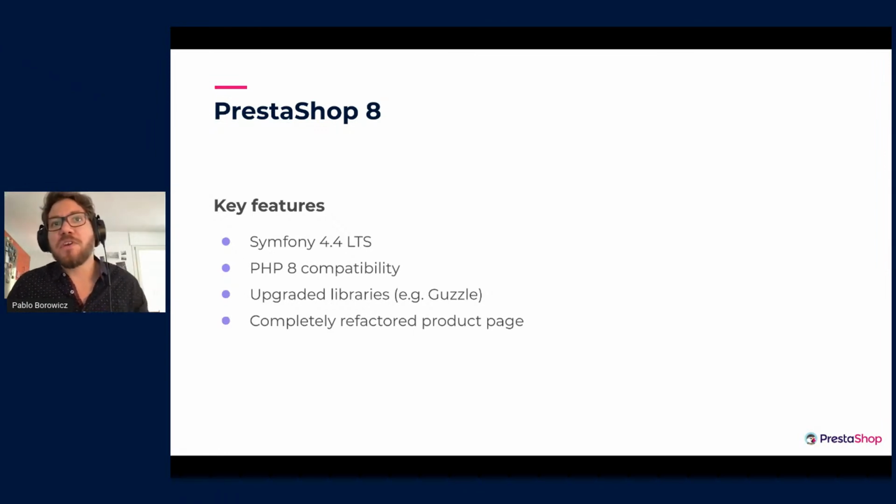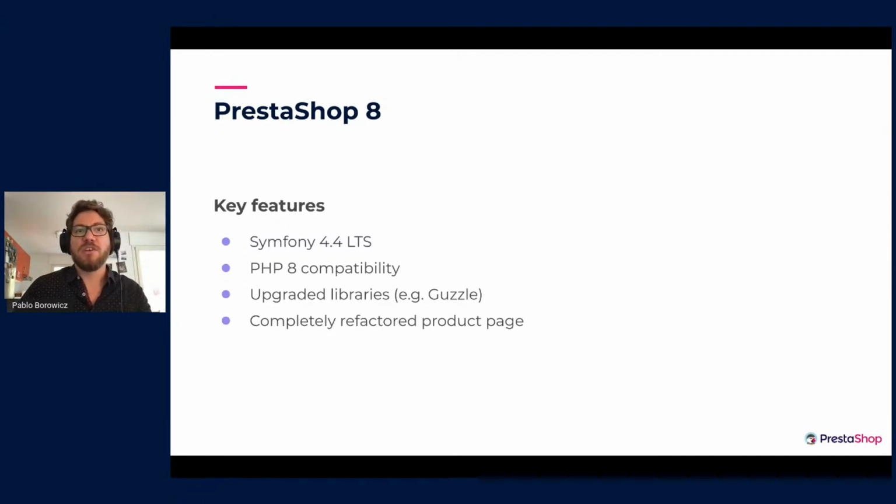And if you're using Guzzle in PrestaShop right now, I can guarantee it won't work straight out with the new PrestaShop 8 because Guzzle has been upgraded and the API of Guzzle has changed a lot since the previous versions. And this is what I was speaking about when I said that some modules would have to be upgraded to work with PrestaShop 8.